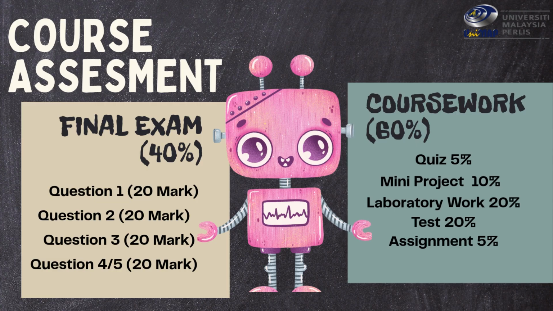Make sure you conquer all the 60% of the coursework to help you score the other 40% in the final exam. The final exam will have four questions, or maybe five as optional questions, and each question carries 20 marks.